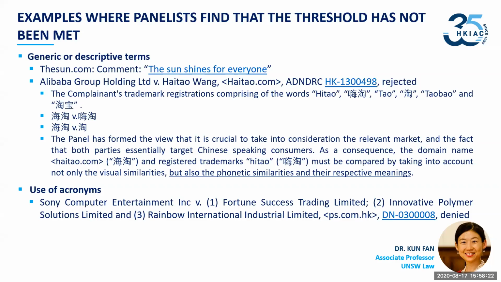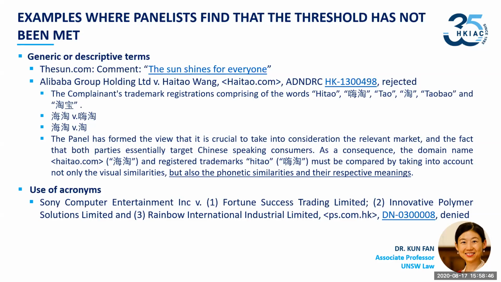So the domain name haitao.com and the registered trademark haitao must be compared by taking into account not only the visual similarities, but also phonetic similarities and their respective meanings. So visually, the two pairs have a similar spelling in pinyin and also a similar writing in the Chinese characters.